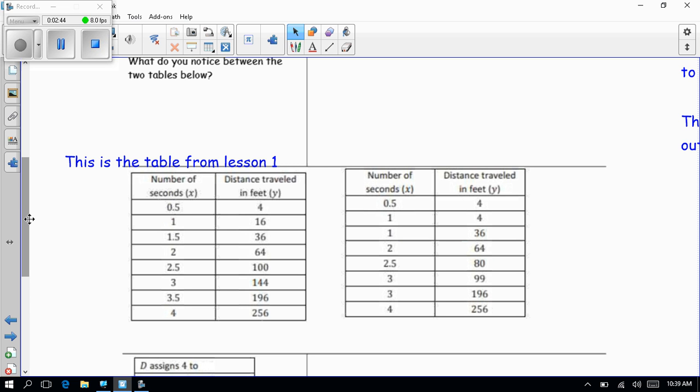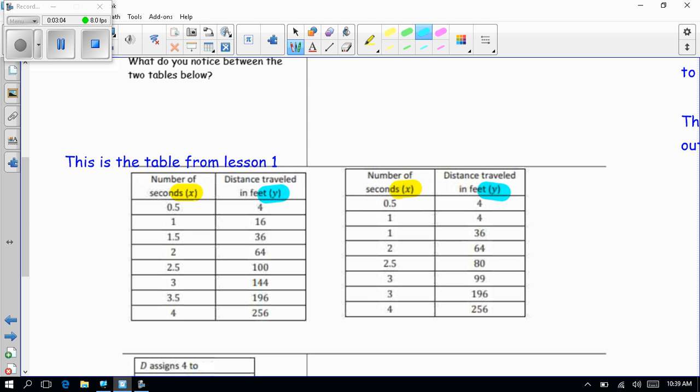We said a function assigns each input to exactly one output. The inputs are your x values, and your outputs are your y values. So inputs are on the left, outputs are on the right.